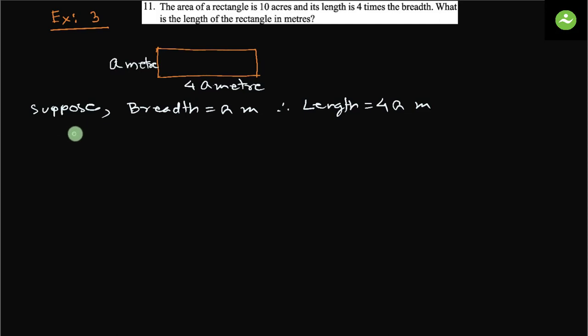Therefore, area equals, we know, length into breadth, area of a rectangle. So 4a into a, unit will be square meter. Meter into meter is square meter. So 4a square we can write equals to 4a square meter.